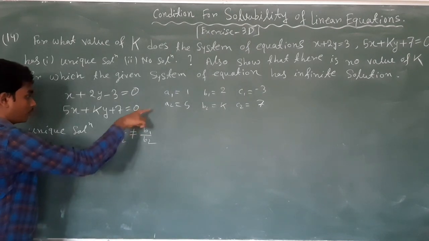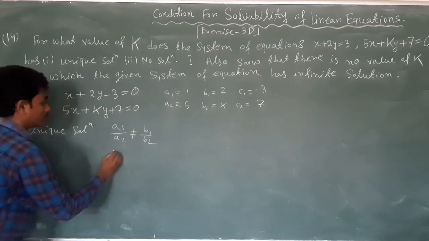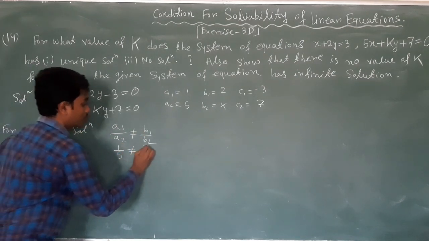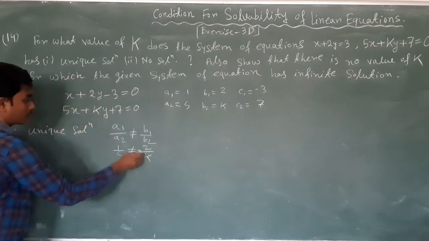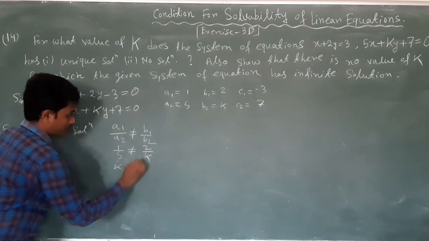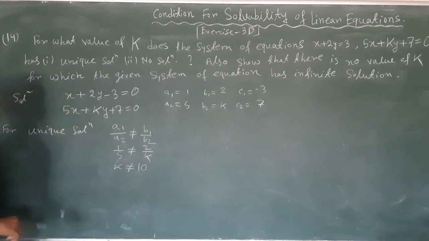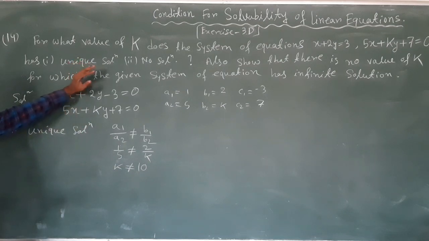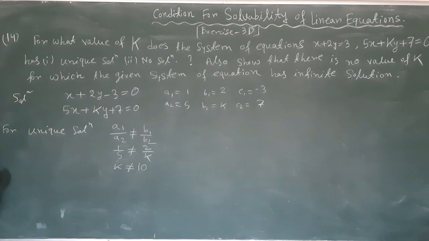So, put the values of A1, A2 and B1, B2. So, 1 upon 5 is not equal to 2 upon k. By cross multiplication, k is not equal to 5 into 2, that is 10. So, for k not equal to 10, the given system of linear equations has a unique solution.